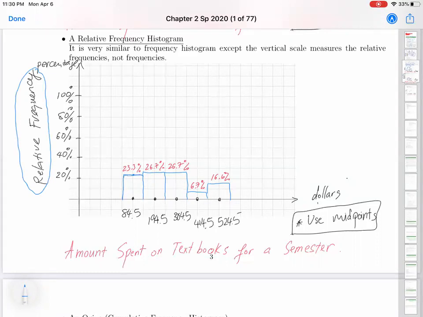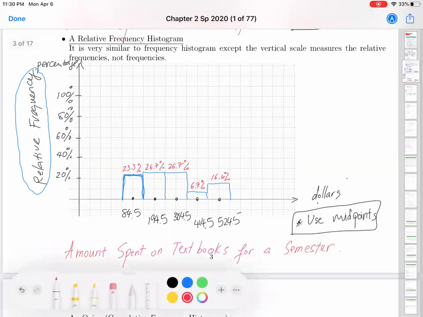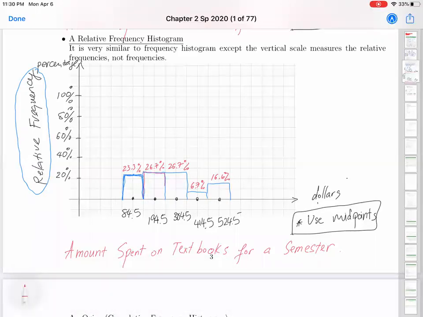Each bar right here, again, represents the percentage of the first class of the whole data set, right? And this is the percentage of the second class, taking account of the whole data set and so on and so forth. So again, this is the relative frequency histogram, if you want to illustrate your data set using the percentage of each class instead of the frequencies of each class.